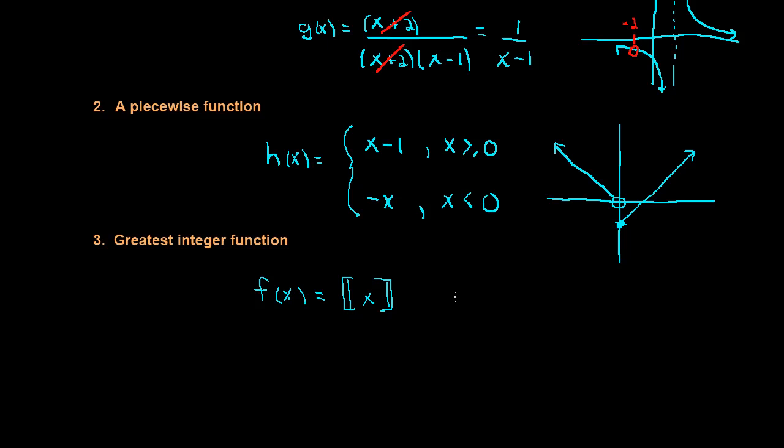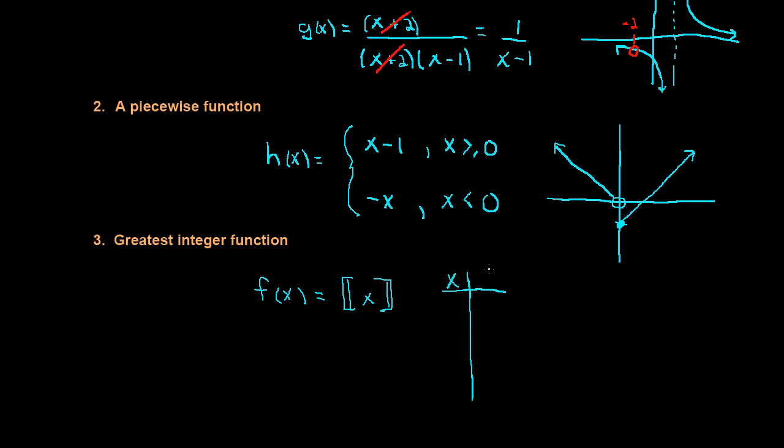Okay, so as you're moving on a number line from left to right, you simply ask yourself, what was the last whole number that you ran into? Best way to see this is just to build a table of values.